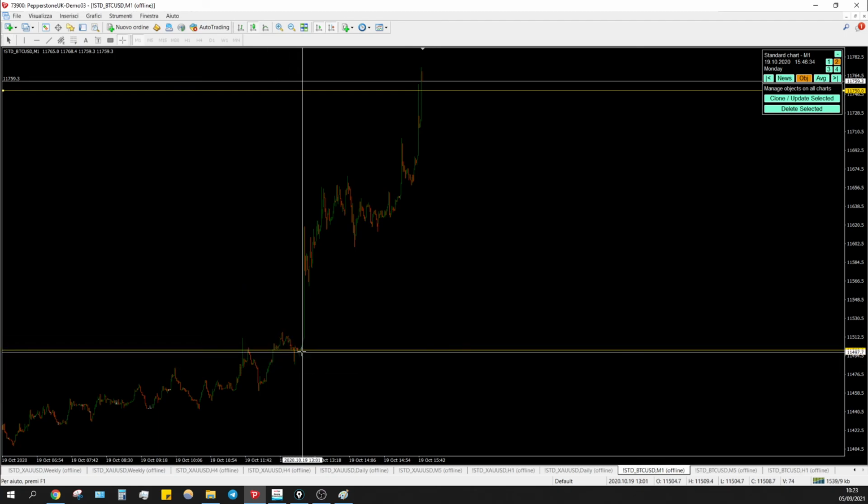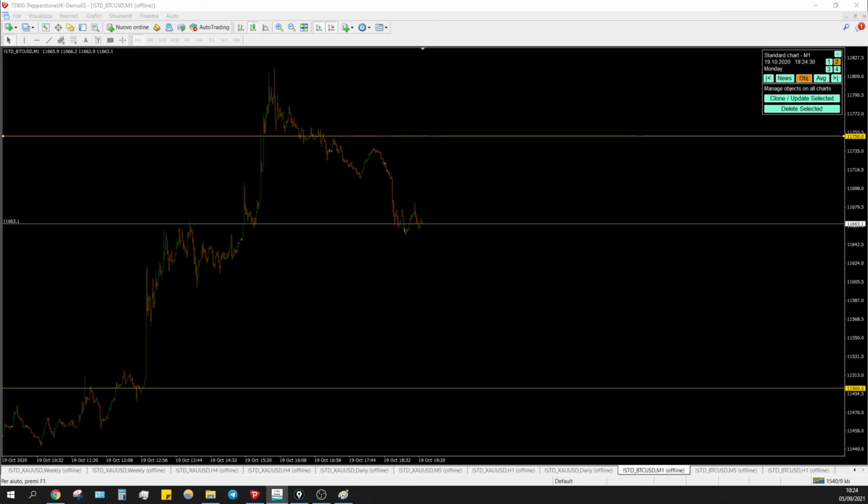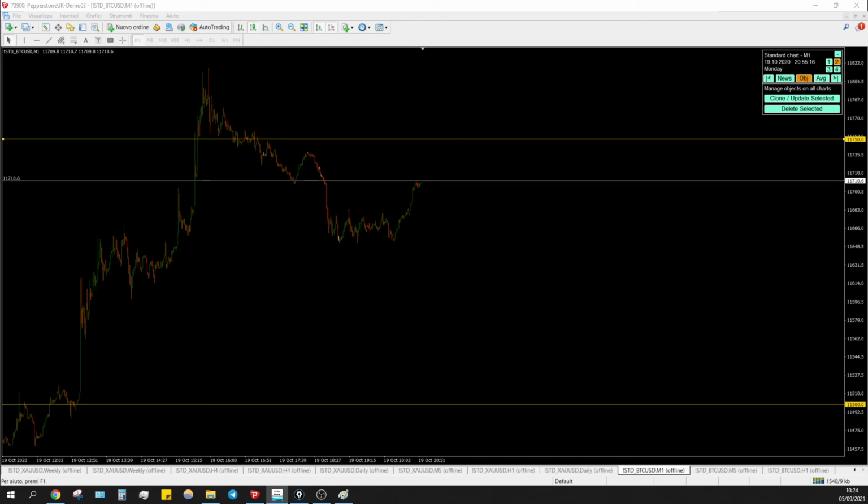As you can see, break, retest, PPL to PPL in a couple of hours. You start to see a difference between volumes from September to now, October 2020. You start to see how the ranges are very different.